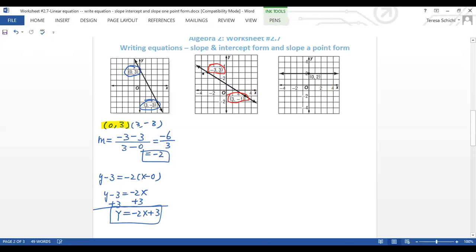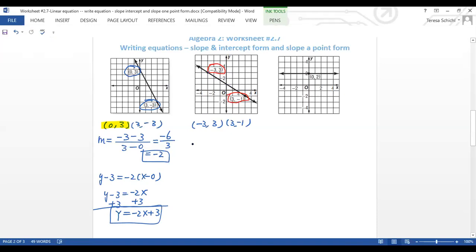If they give you, it's easy. If not, you need to ask what the coordinates of x and y are here. So this is (-3, 3), and this is (3, -1).